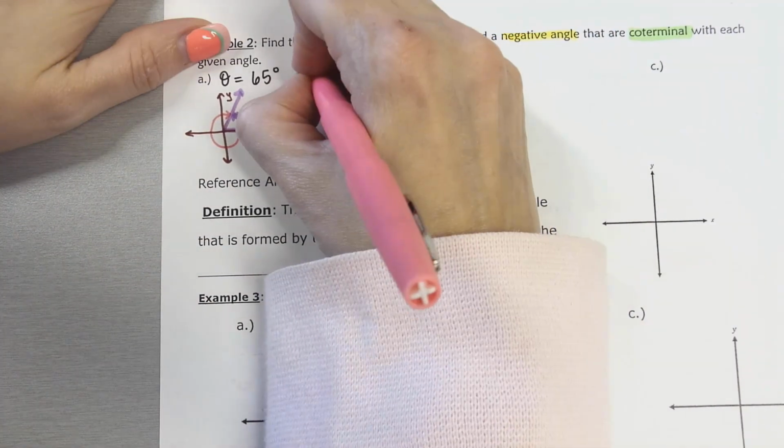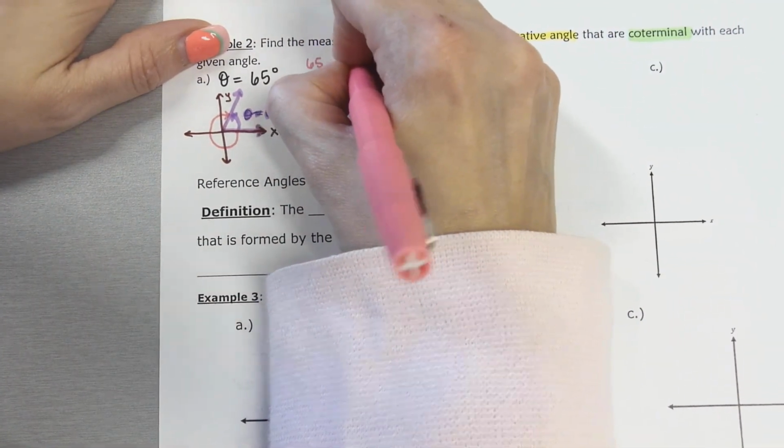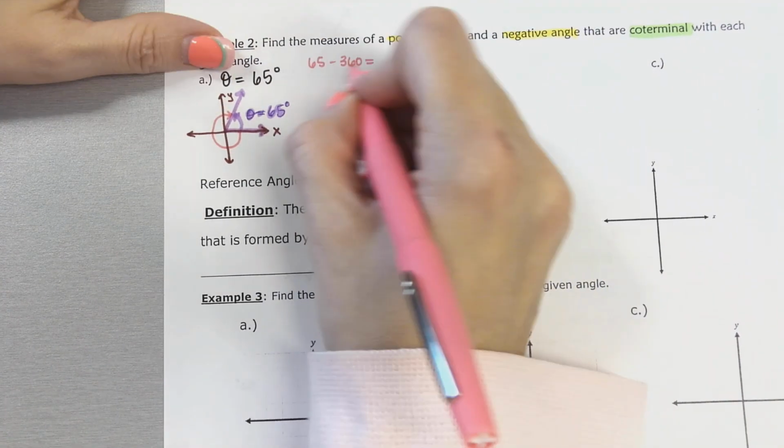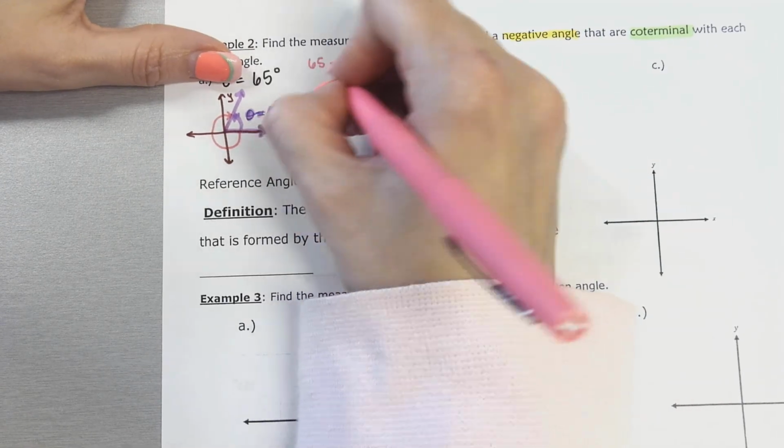So we can do 65 minus 360. We're going to be doing these by hand, which is really going to help you understand how those angles work, and it's going to make some of the things we're doing in the future a little bit easier. Okay, so if you're subtracting that, this is how I set it up.